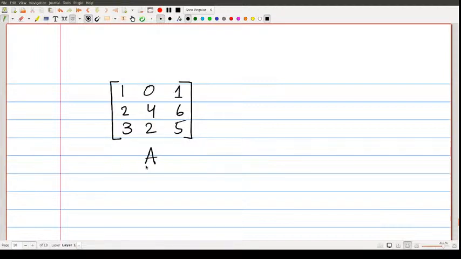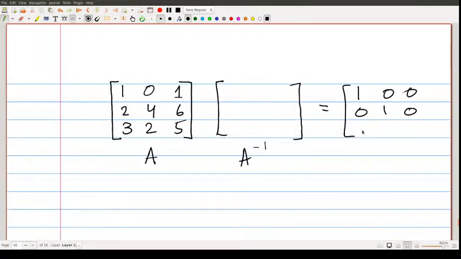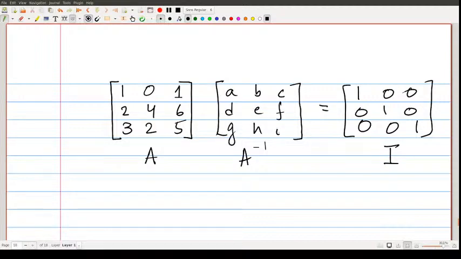So this is A. I'm looking for A inverse, and I'm hoping to get this matrix such that I get 1, 0, 0, 0, 1, 0, 0, 0, 1. I'm looking to find the inverse matrix, right? Let's say these entries are D, E, F, I don't know what they are, but I'm going to think about whether I have any hope of finding these 3 vectors, right?